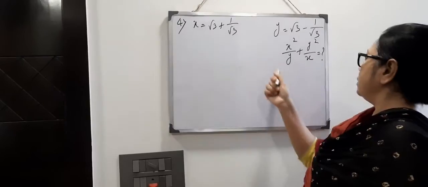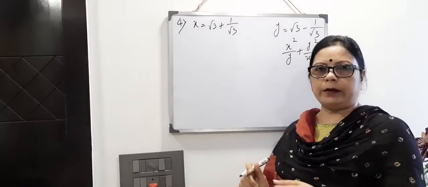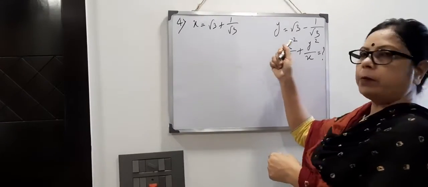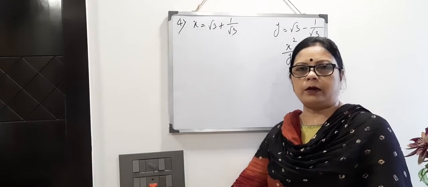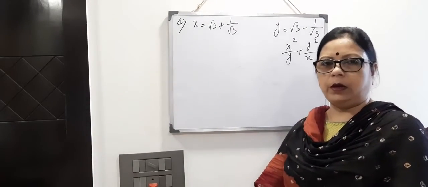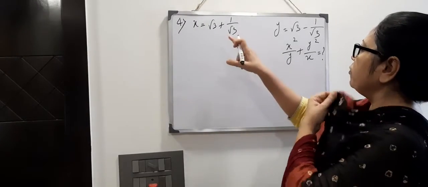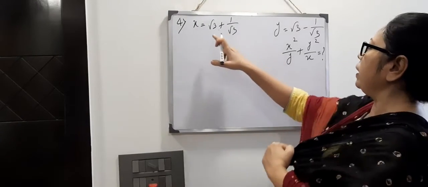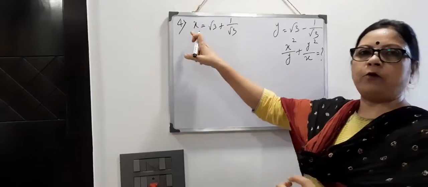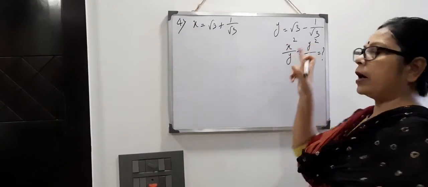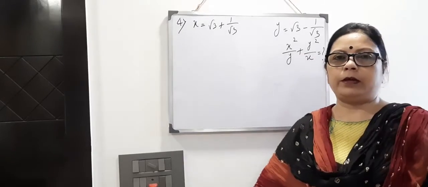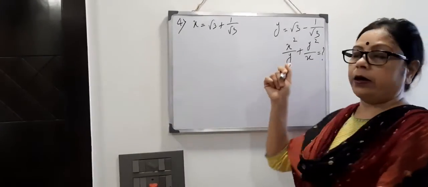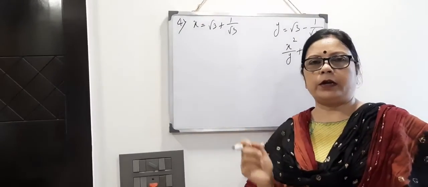Once you can take the LCM, that will be xy, and then it will become x cube plus y cube, then the formula x plus y whole cube minus 3xy into x plus y. But I prefer for this sum that I calculate the square of x and square of y separately. Then you will see it will be easier. And at home you will try the other method that I have told you.